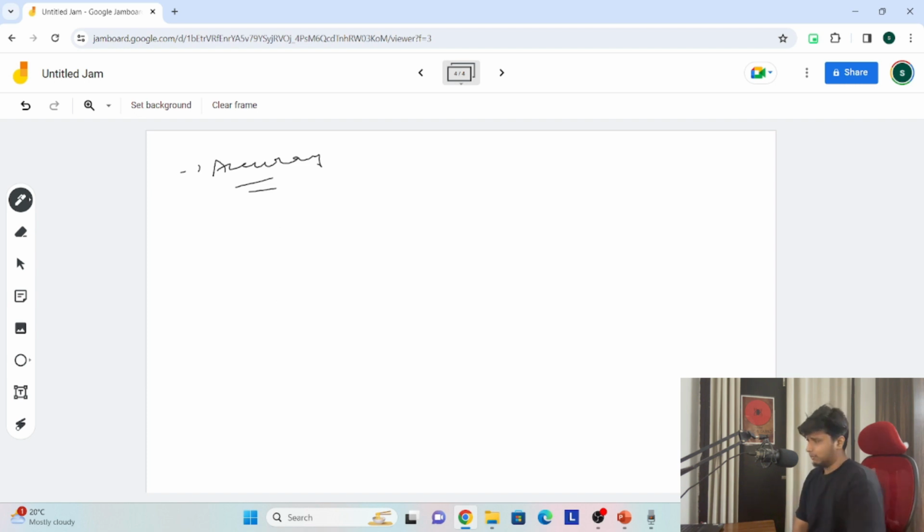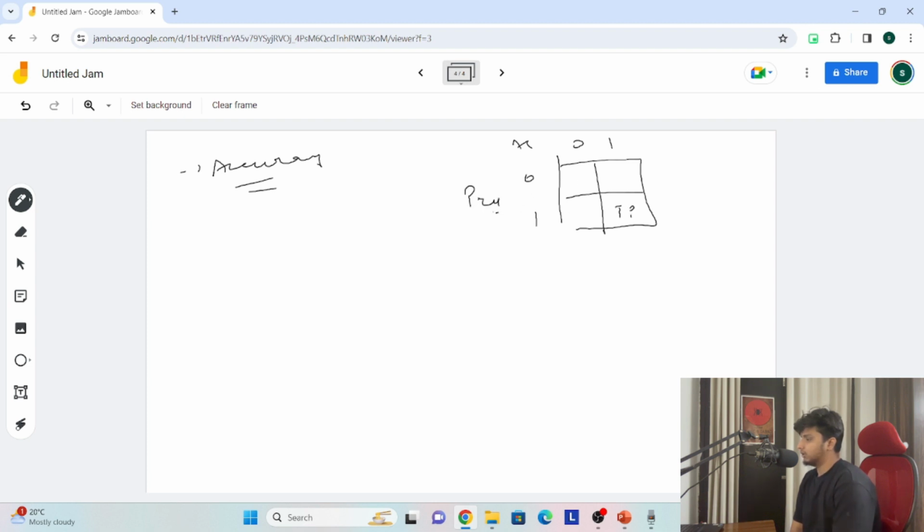Accuracy is simple, guys. Take the confusion matrix into account, 0 1, 0 1. This was your actual, this was your predicted. These were true positive, these were true negative, and these were false negative, and these were your false positive. When it comes to accuracy, it just says: tell me how many of them you were able to classify properly, and divide it by all the numbers.